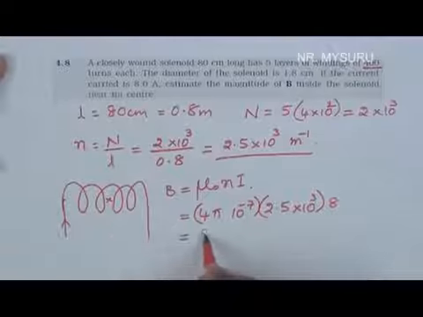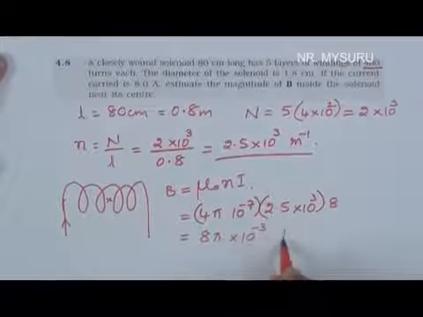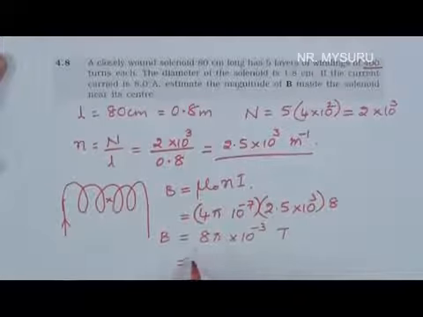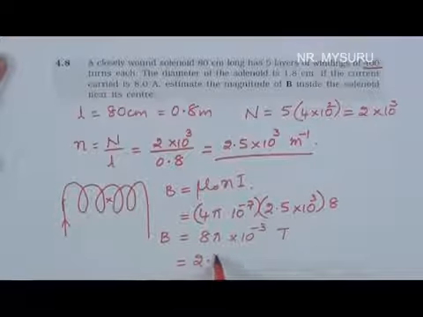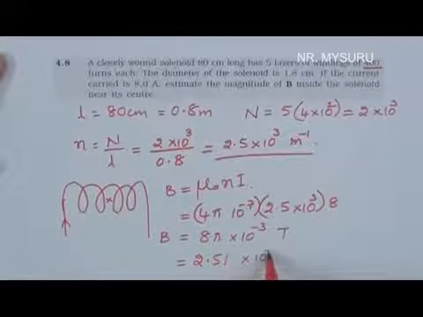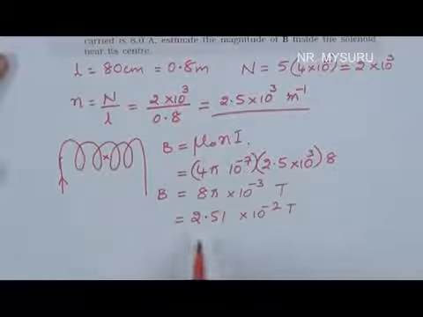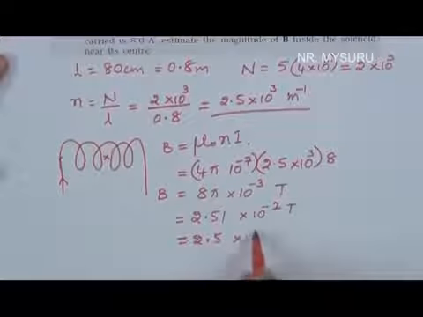This is equal to 8π × 10⁻³ Tesla. Simplifying, you'll get 2.51 × 10⁻² Tesla. Since we have to maintain two significant figures, it is 2.5 × 10⁻² Tesla.